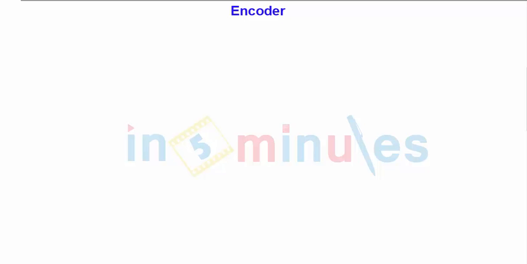Likewise, let us move to the very first encoder. Let us say we are going to convert decimal to binary coded decimal, which means we are going to encode the decimal numbers.